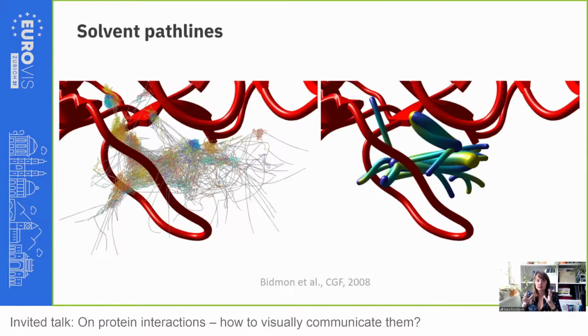And what the authors were designing was that they were trying to extract what they call main solvent paths, so some important parts of the trajectories, and simplifying and smoothing them. So basically you have a better idea about the trends of the movements of the water molecules instead of individual trajectories. And also the coloring of these trajectories had a certain meaning here.